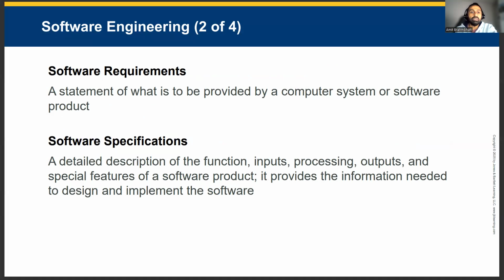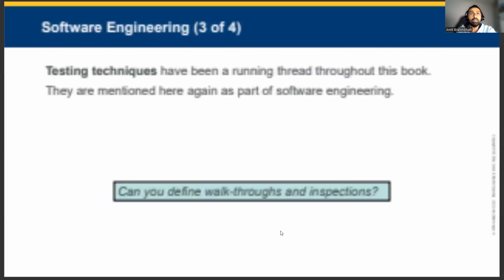In this slide, we'll take a closer look at two foundational software engineering concepts: requirements and specifications. Requirements are a statement of what's to be provided by a computer system or software product, and specifications are a detailed description of the function, inputs, processing, outputs, and special features of a software product. It provides the information needed to design and implement the software.